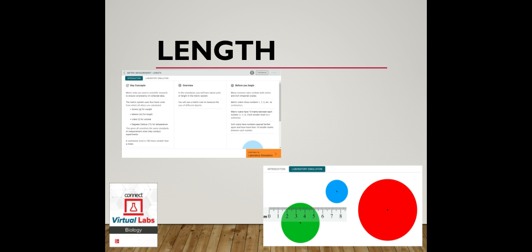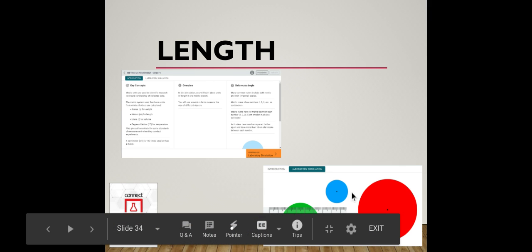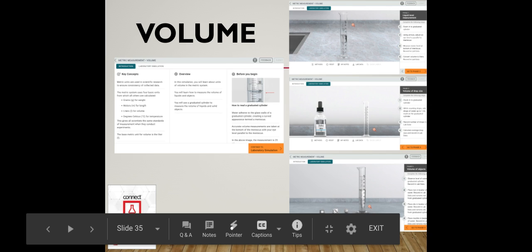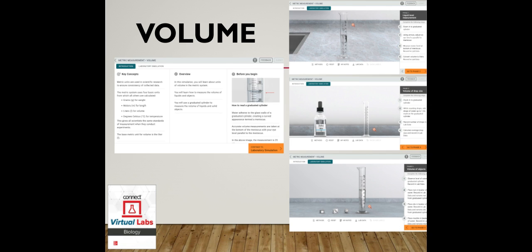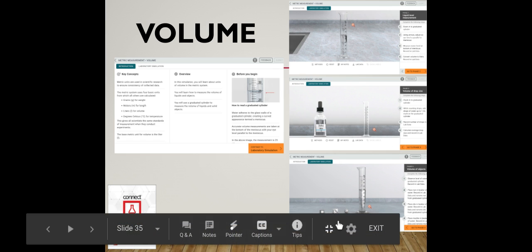Here's what those McGraw-Hill labs look like. This first one is on length. So you're going to be measuring the diameter and the radius of these circles using the ruler. There's one on volume where you're going to be adding liquid to a graduated cylinder and then dropping objects in to record their volume.